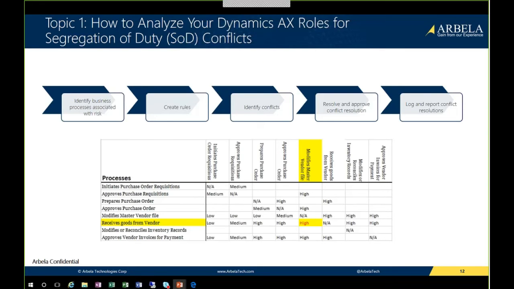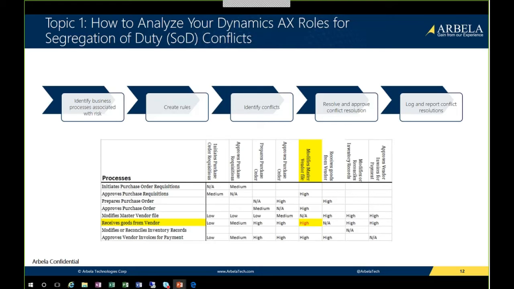So moving to our first topic, right? And we're at the halfway point, which is a great place to start going into our segregation of duties conflicts. I'm going to show you in the software after I've mentioned the actual process we go through. So when we're doing an SOD analysis project, I would actually call it an analysis and implementation project. We start by looking at your business segments, business processes, or business cycles.